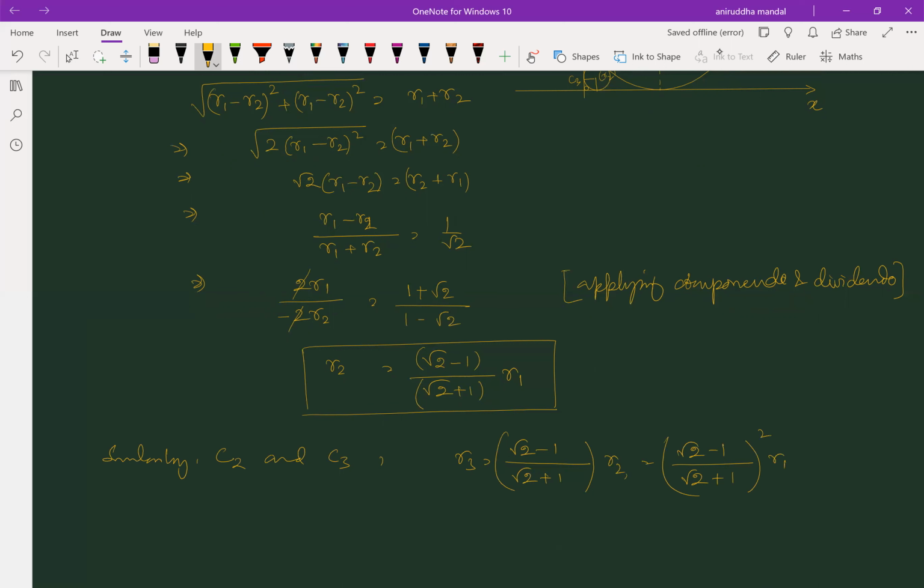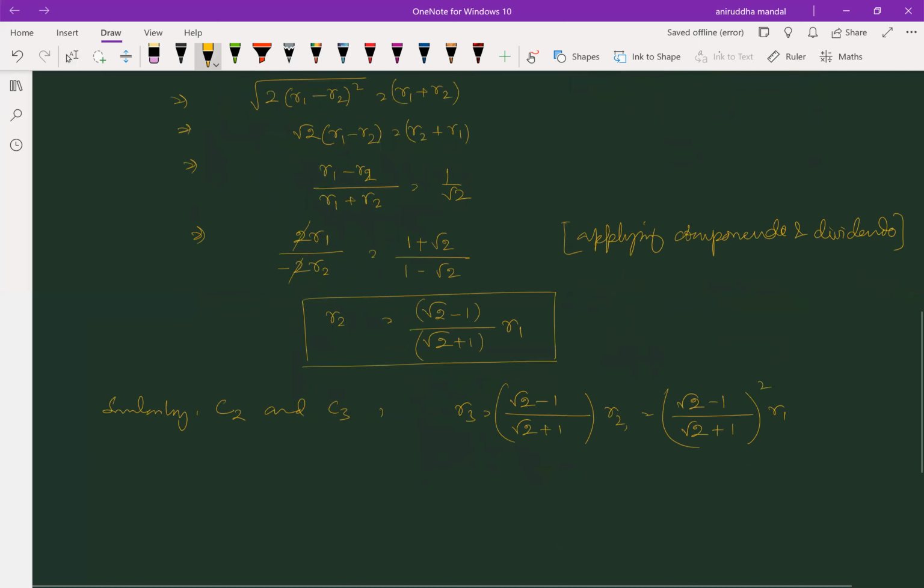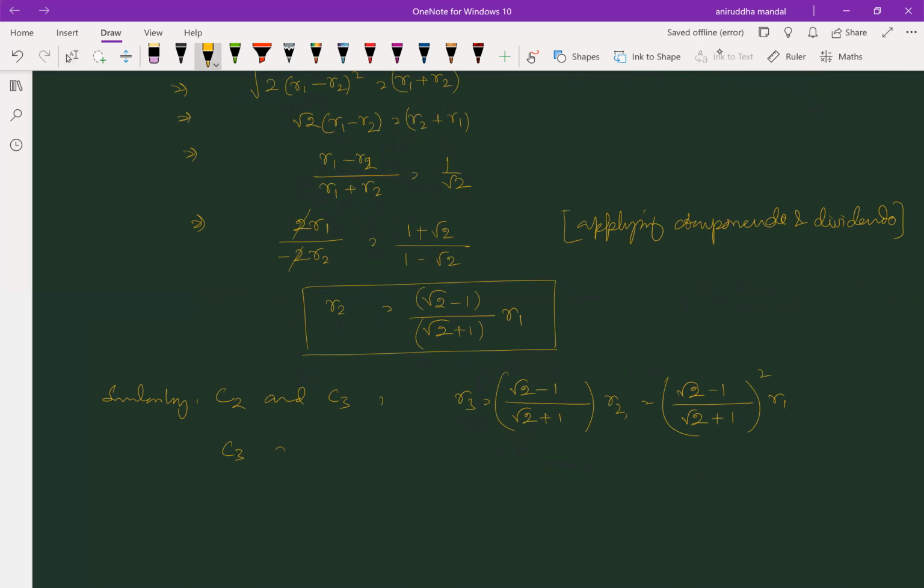Similarly for C3 and C4, R4 equal to (root 2 minus 1) divided by (root 2 plus 1) R3, and if we write in terms of R1, we get this.